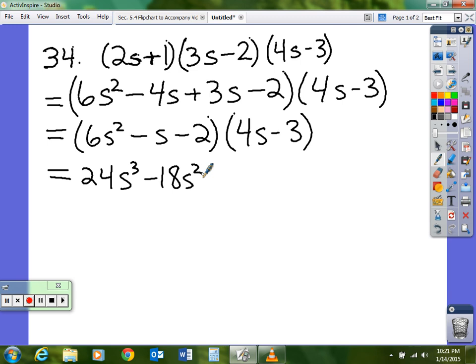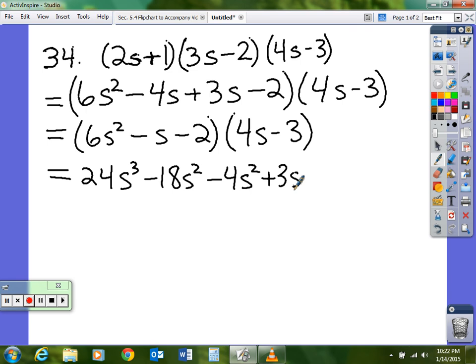Now moving to negative s. Negative s times 4s is negative 4s squared. Negative s times negative 3. A negative times a negative is a positive 3s. And finally, multiply the negative 2 times each of those two terms.